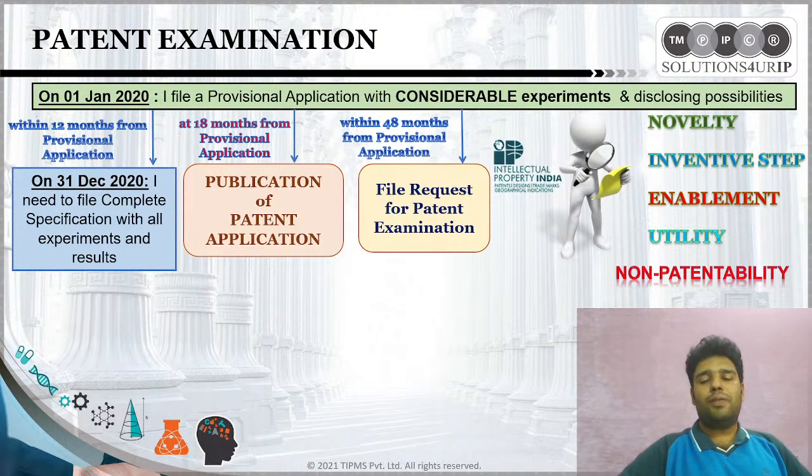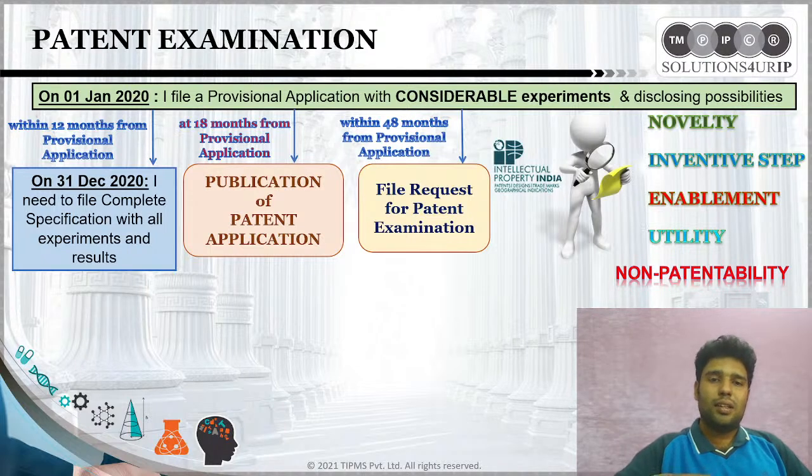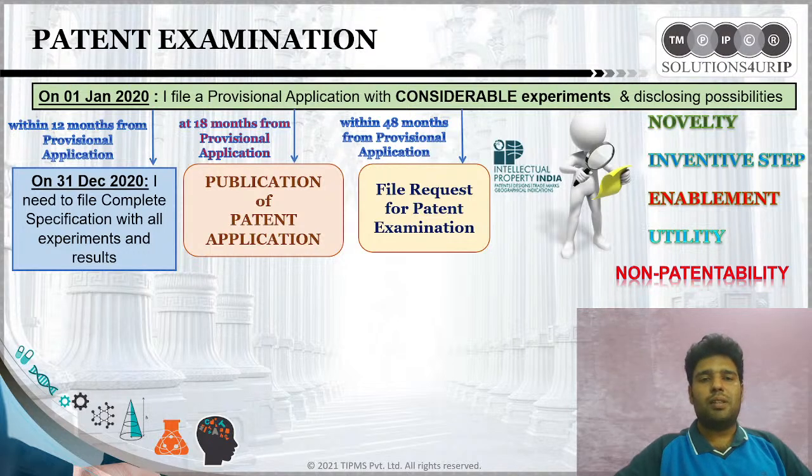So directly, if anybody asks what are the sections based upon non-patentability, don't ever say section number 4. It is only section number 3, because section number 3 categorically, specifically, explicitly mentions in its title, inventions not patentable.